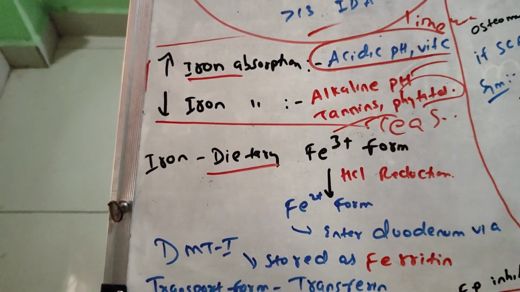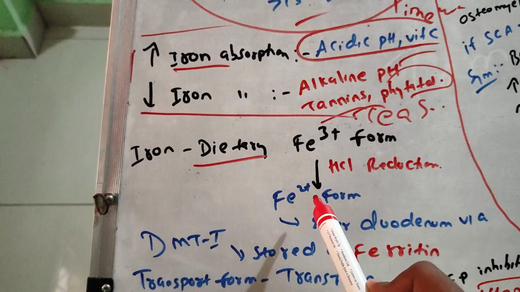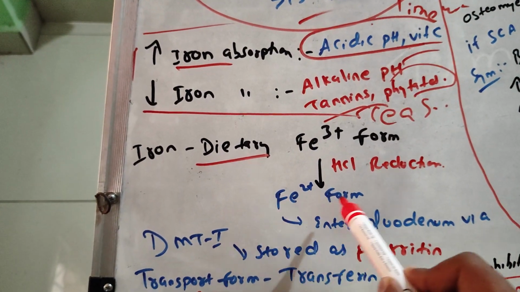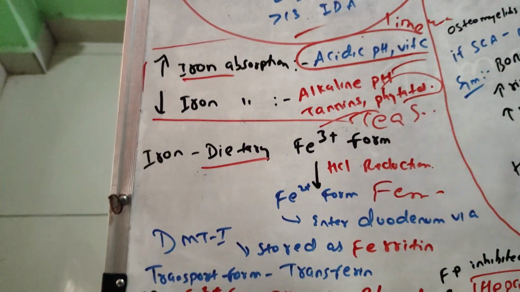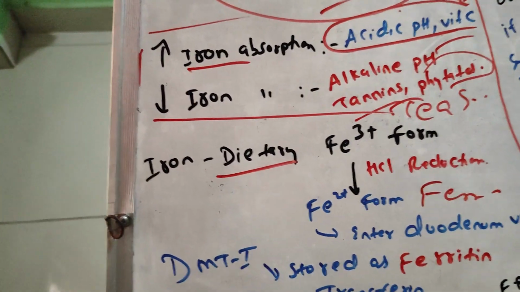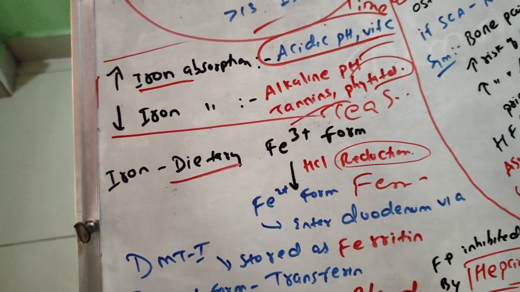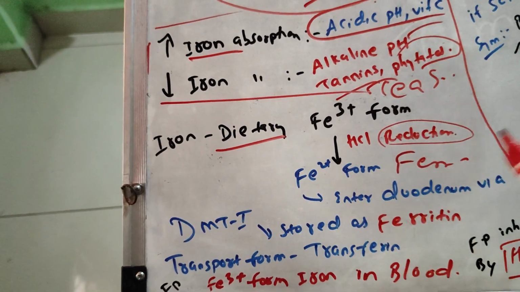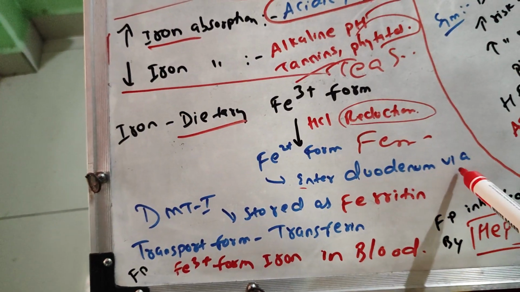When the iron goes to the stomach, it is converted to the ferrous form by the HCl acid in our body, by the process called reduction. In the ferrous form, it will enter into the duodenum.